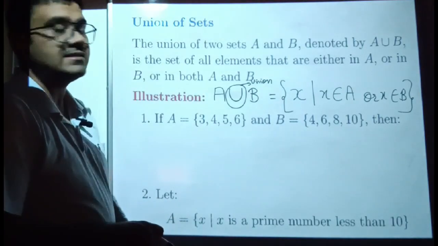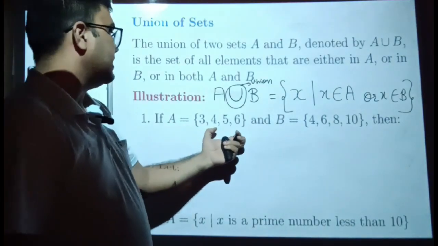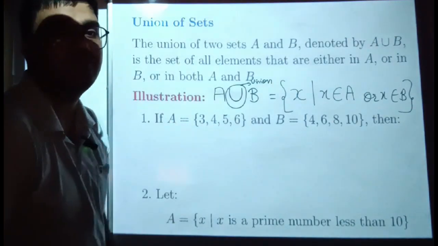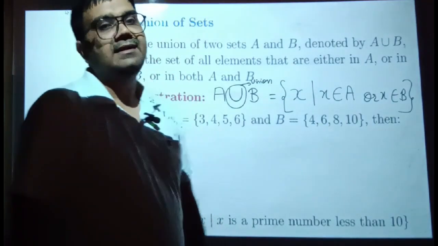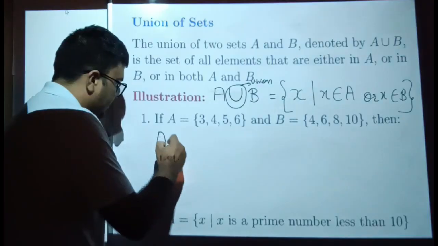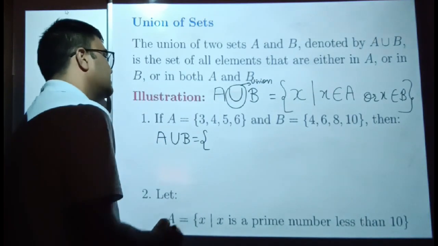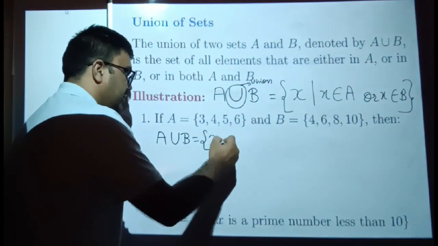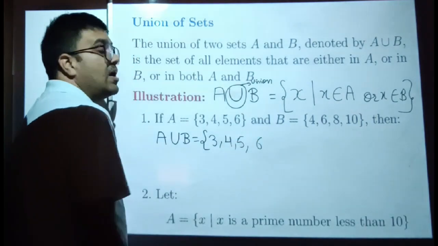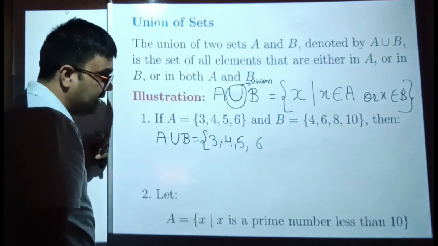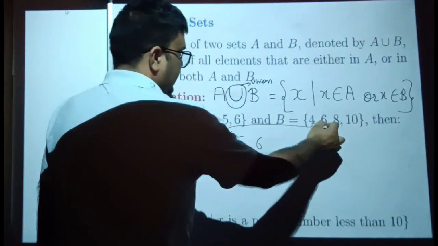So let us consider an example. If A is equal to the set with elements 3, 4 and 5, and B has elements 4, 6, 8 and 10, then A union B has all the elements of A: 3, 4, 5, and all the elements of set B. 4 we have already listed, 6 we have already listed.